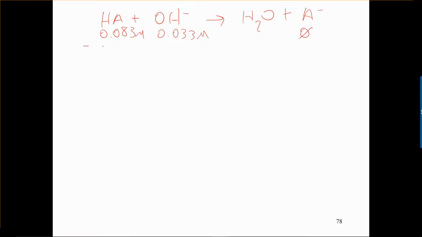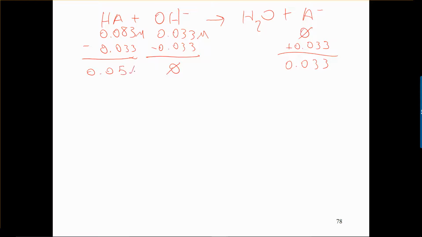So minus 0.033, minus 0.033. This goes to 0, and this is plus 0.033. So what does the HA become? 0.05. How do I solve for the pH at this point?